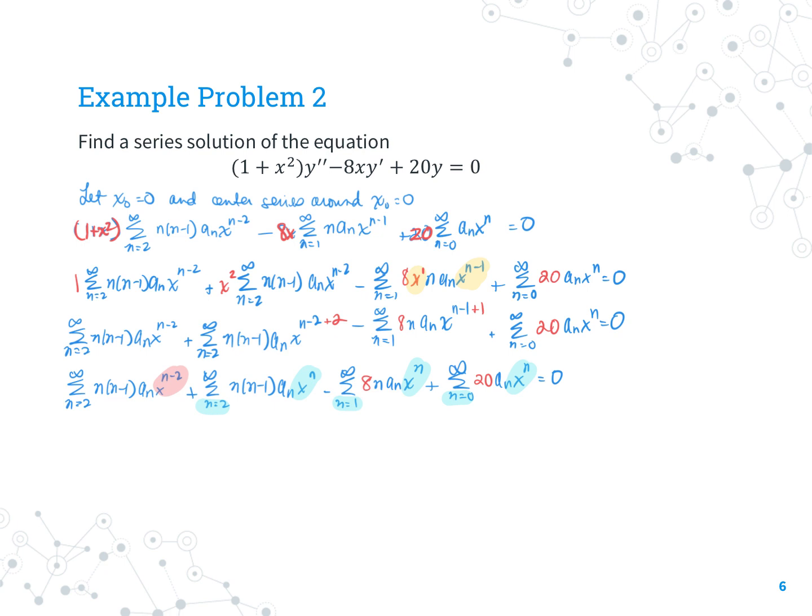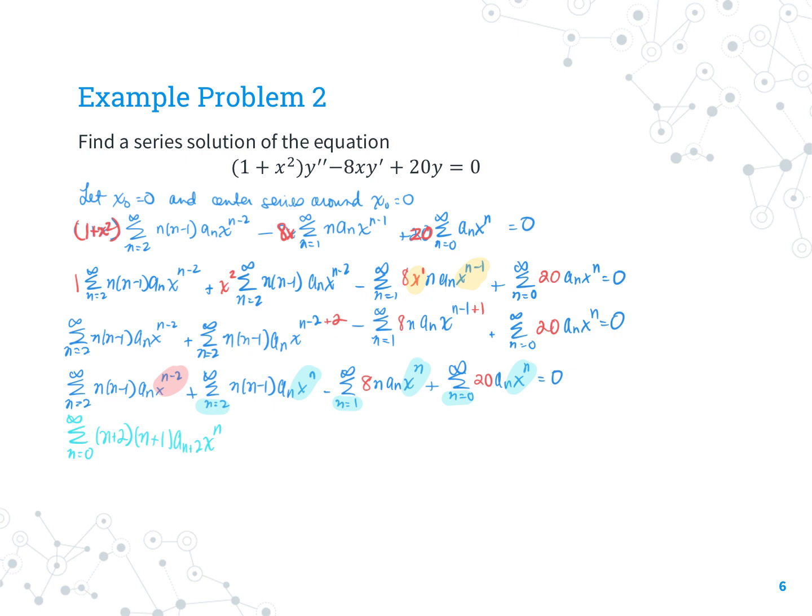So we'll have to do 2 up on the inside, 2 down on the outside by letting n equal n plus 2. So we end up with our sum from n equals 0 to infinity of n plus 2. N plus 2 minus 1 is n plus 1. A sub n plus 2, x to the n. So now we're okay there. And then we're still going to add to it all of our other sums.